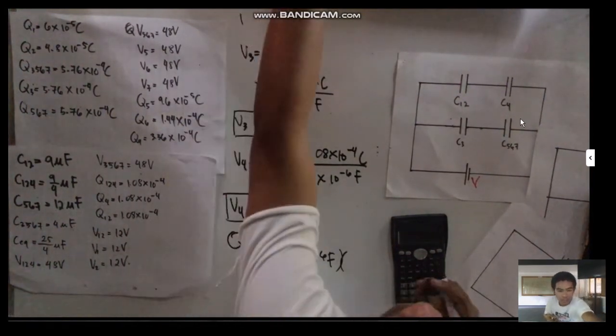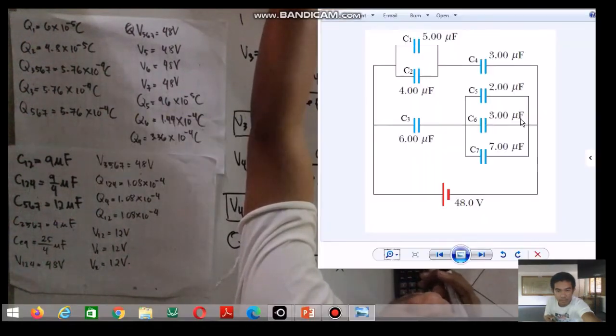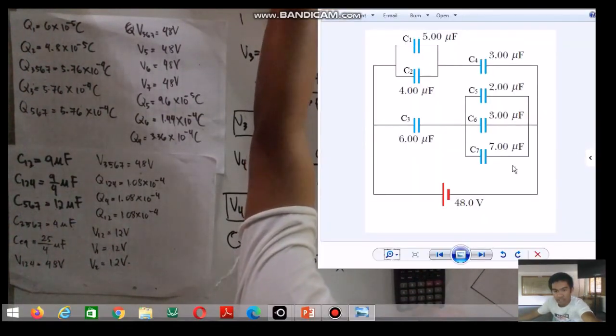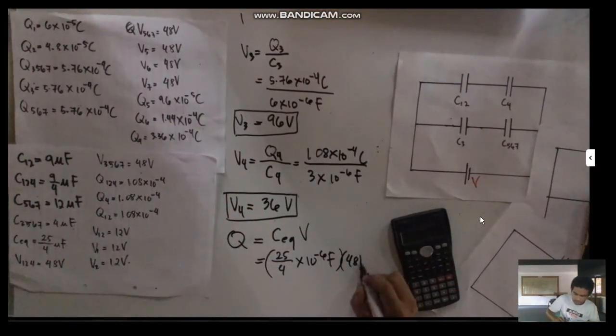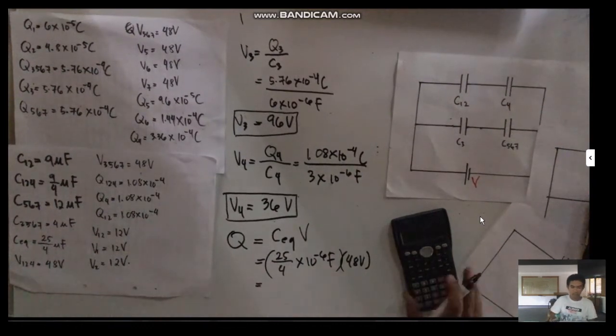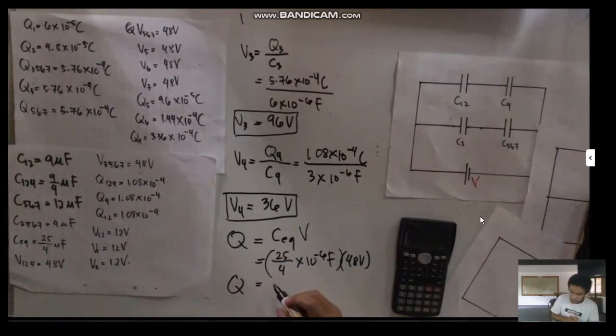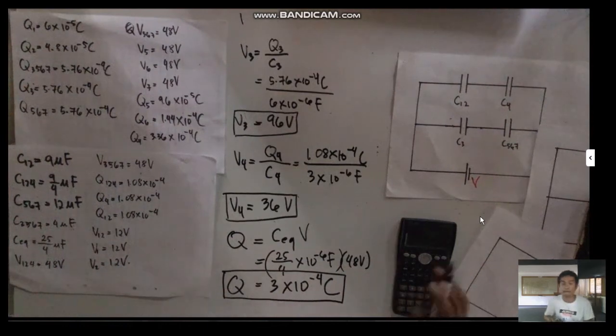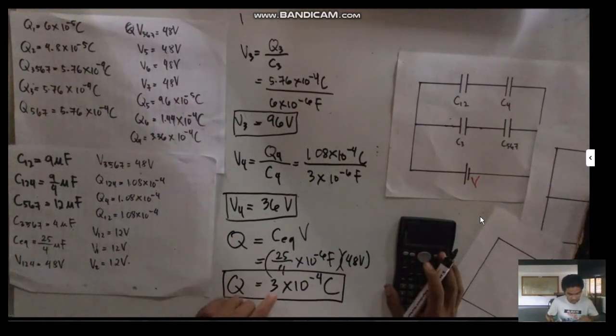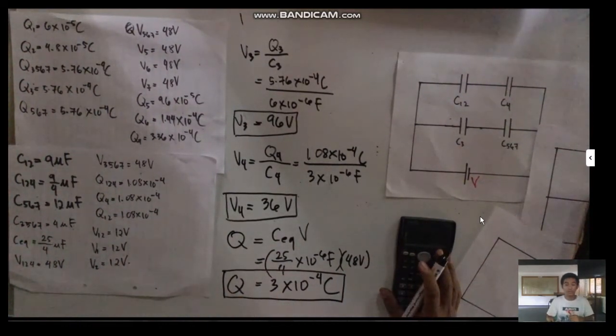The total voltage is 48 volts. So the total charge is 3 times 10 to negative 4 coulomb.